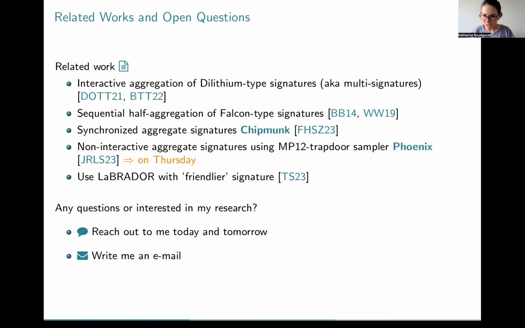That kind of limits you in your choices, but you might start with a Labrador-friendlier signature that maybe doesn't have a random oracle or that has a larger modulus, and then you don't have to do all the additional modifications we had to do.